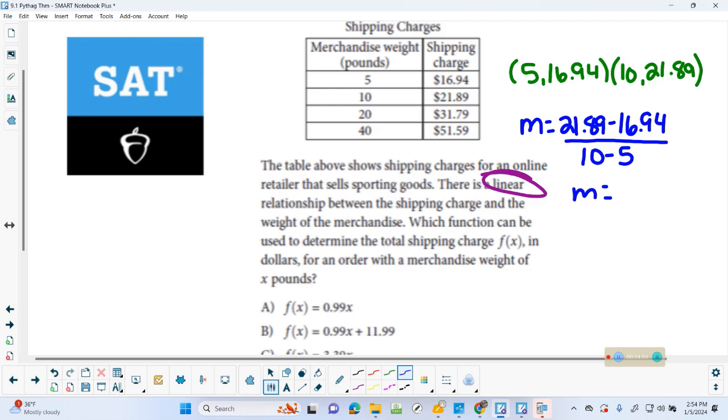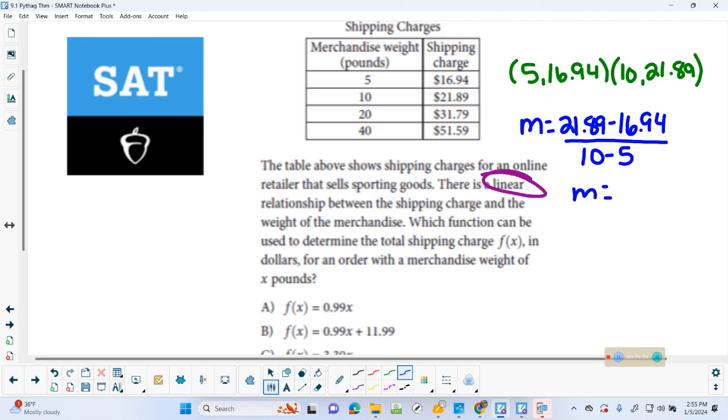Punch it in. All right, what do you get for the slope? So if you round to 1, but let's look at our multiple choice answers here.